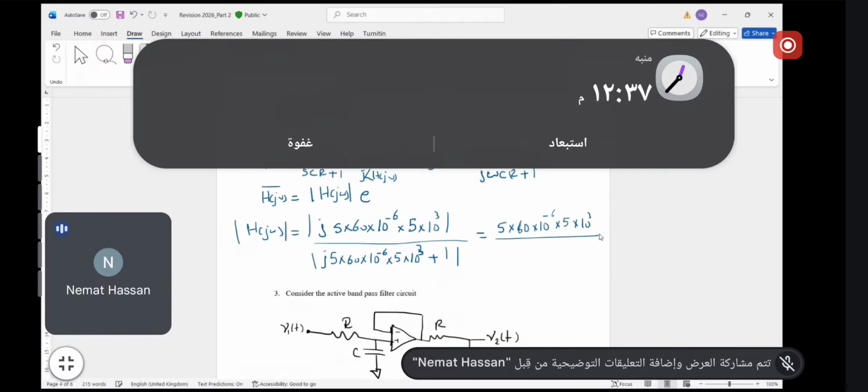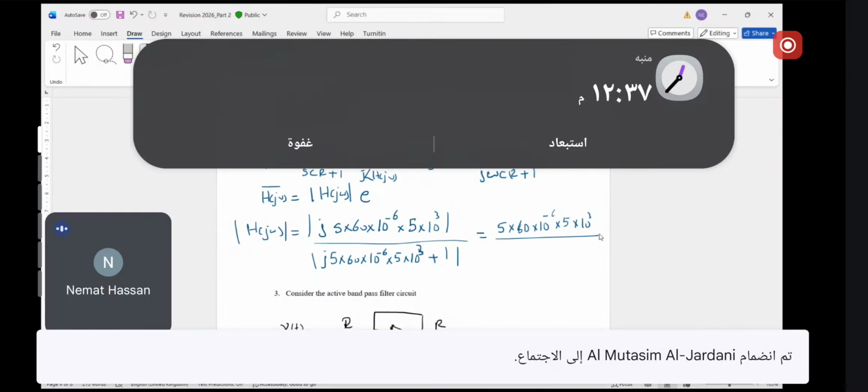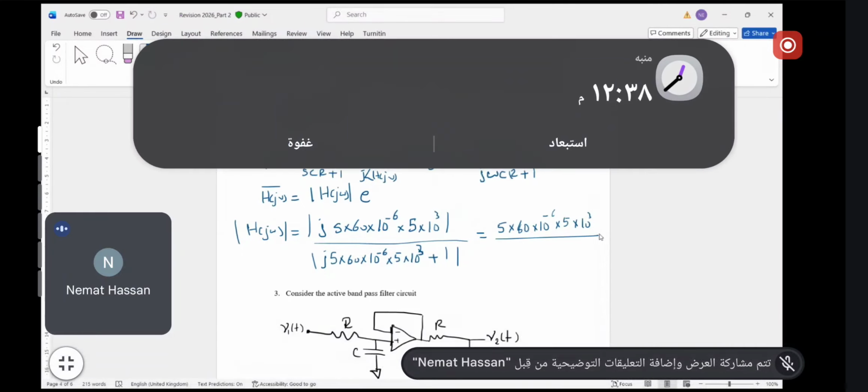Divided by, let's calculate it just to make our writing less crowded. Can someone confirm the value of 5 times 60 times 10 power minus 6 times 5 times 10 power 3? So this is 10 power minus 3. 5 times 5 is 25 times 60. So I think this will be 1.5. So it's 1.5j over 1.5j plus 1.